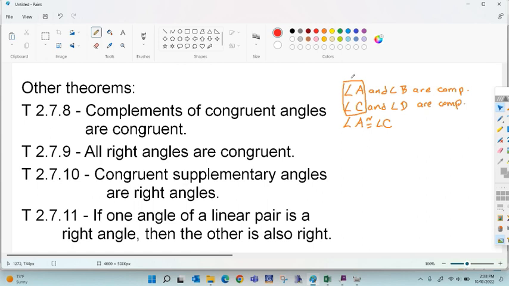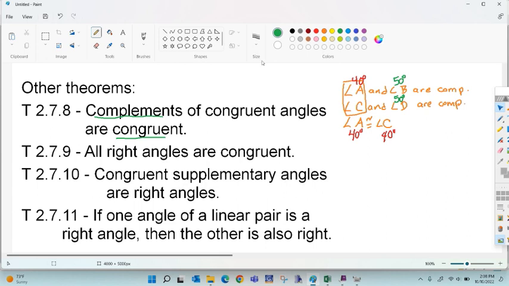So for example, if angle A is 40 degrees, that would make angle C also 40 degrees. Because they're complementary, angle B would have to be 50 degrees. Same math, this is also 50 degrees, so the complements B and D of the congruent angles A and C are also congruent. So that's the explanation for that one.